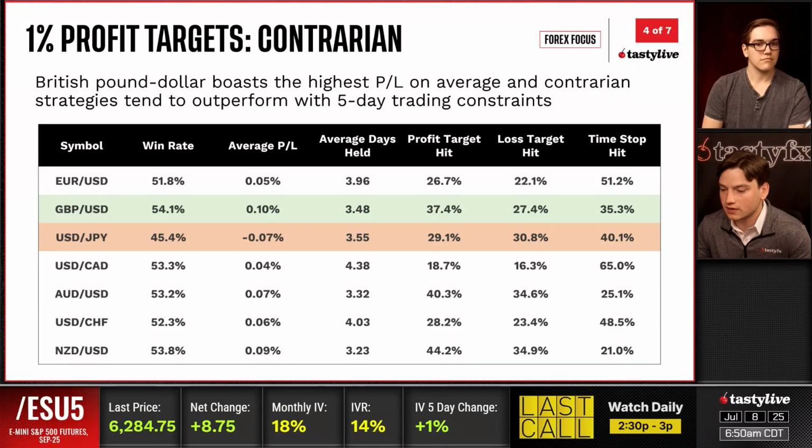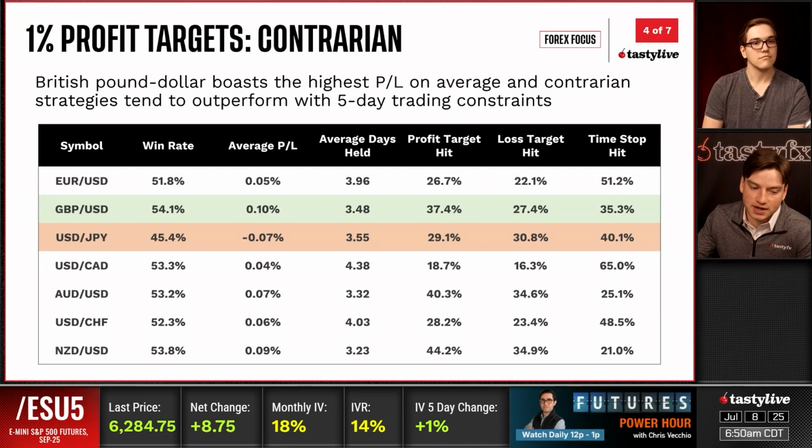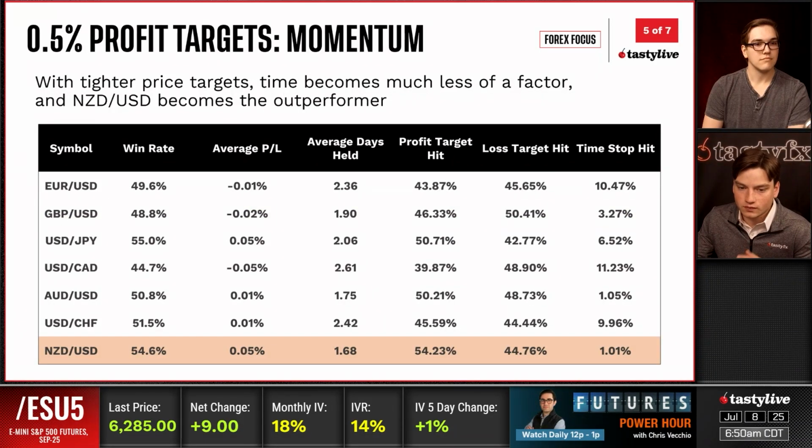And so aside from that pair outperforming, again, just hammering home that for these 1% profit targets, it seemed to me that it was perhaps too wide, because you're getting stopped out if you want to trade within 5 days. So what we did next, we took it a little tighter, 0.5% price targets.